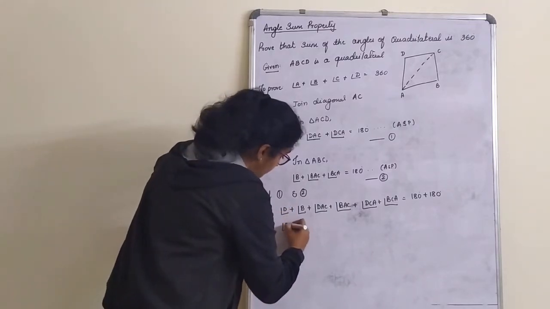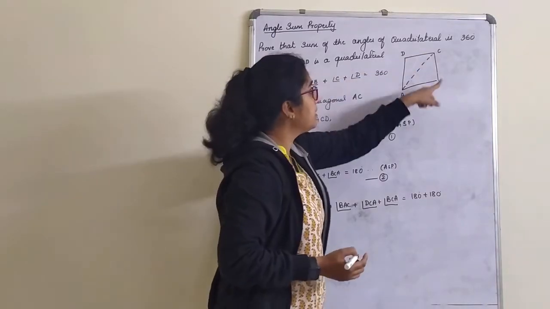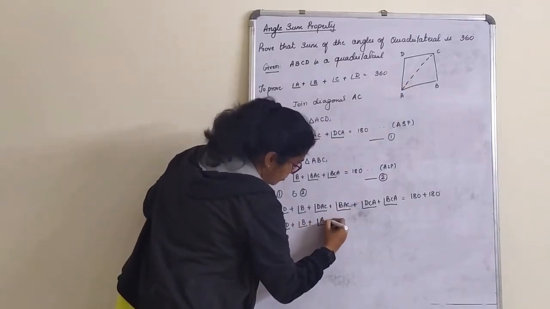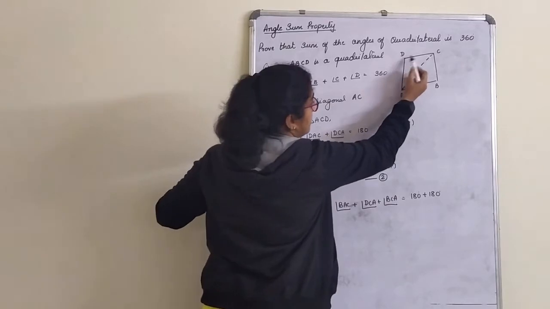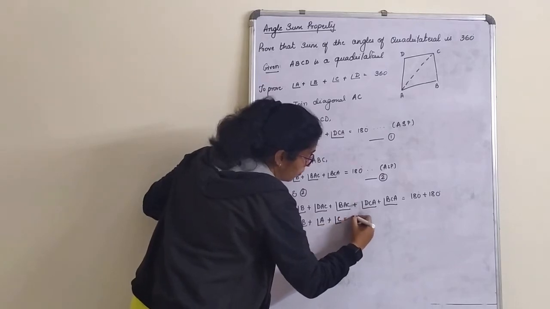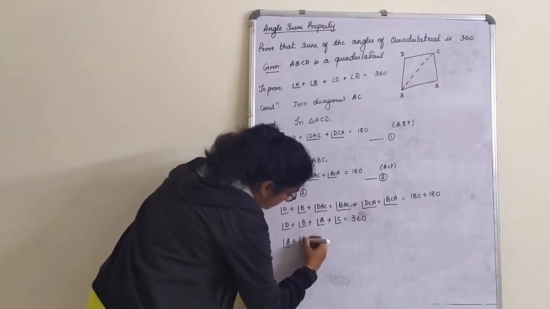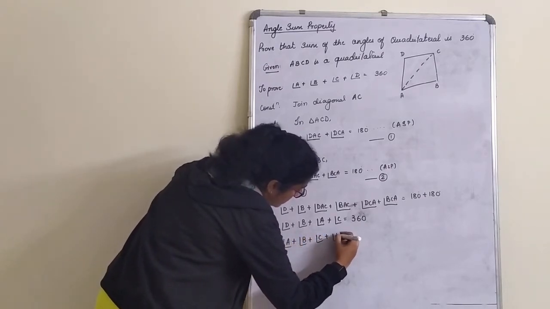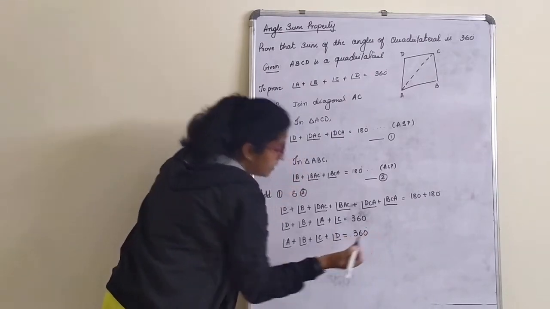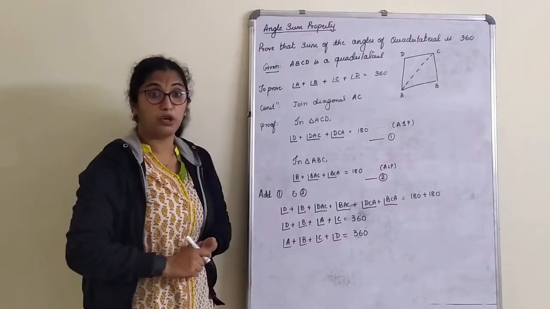Angle D as it is, angle B as it is, DAC plus BAC is nothing but whole angle A. Then DCA plus BCA is nothing but whole angle C. 180 plus 180 is 360. Rearrange it: angle A plus angle B plus angle C plus angle D is equal to 360 degrees. This is how we calculate the sum of the angles of a given polygon.